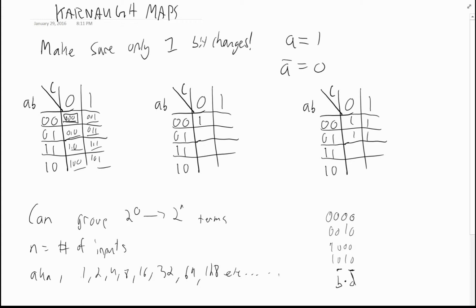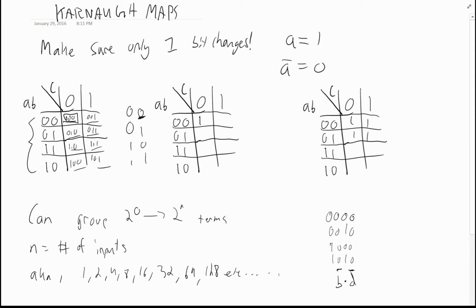Alright. A very important concept is how to write this down. Normally people write it down as 0, 0, 0, 1, 1, 0, 1, 0, 1. If you do it this way, you're gonna mess up the Karnaugh map. So there actually is a way to do it, and the trick is to only change one bit at a time.